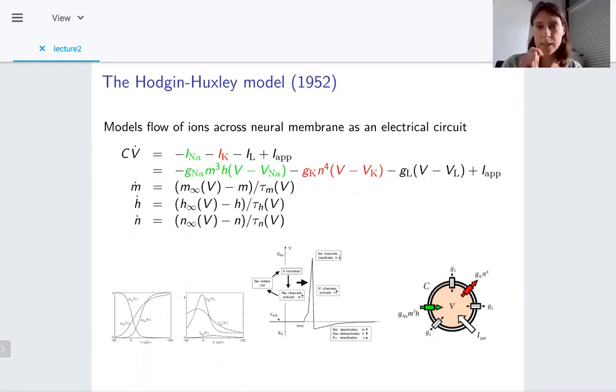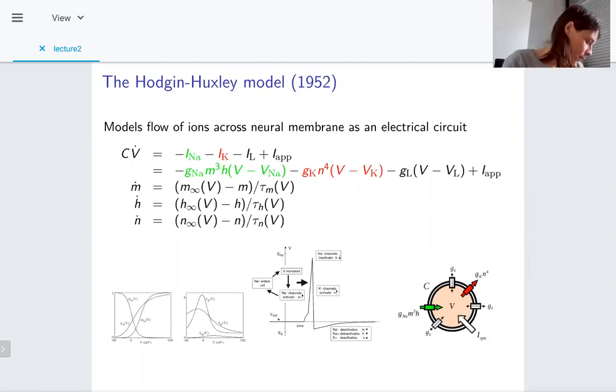One is the voltage, which is the variable that we have access to and that the experimenters can record. What affects the voltage are movements of ions across the membrane. This movement of ions occurs through ionic channels that are selective for each ion.